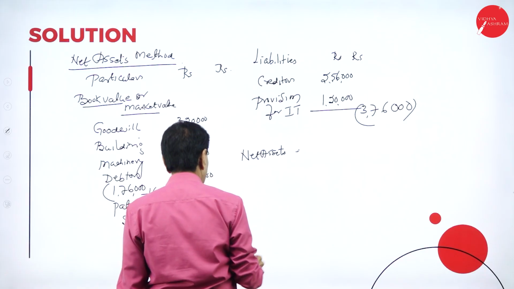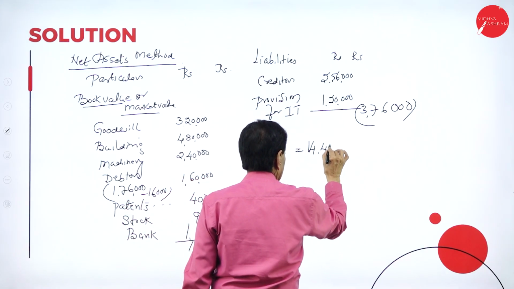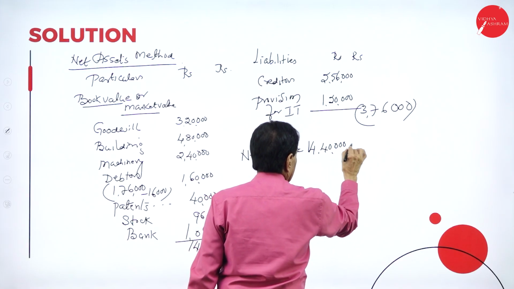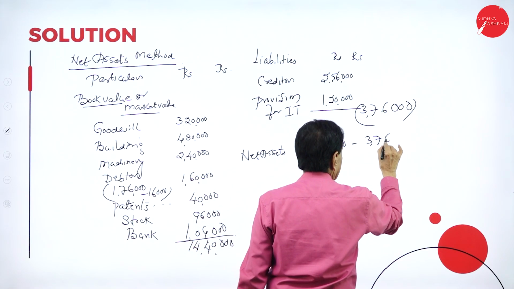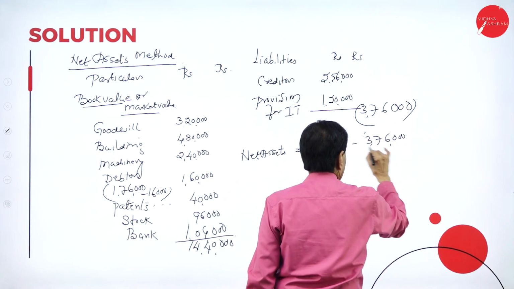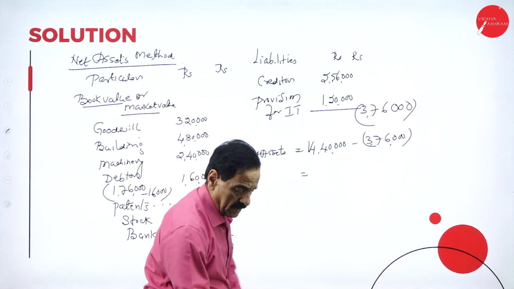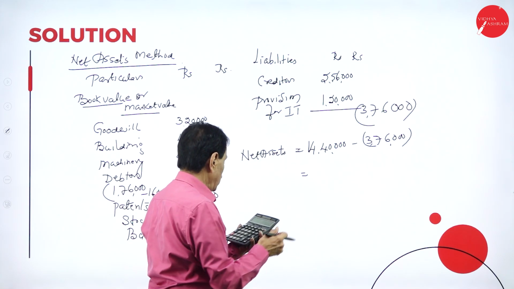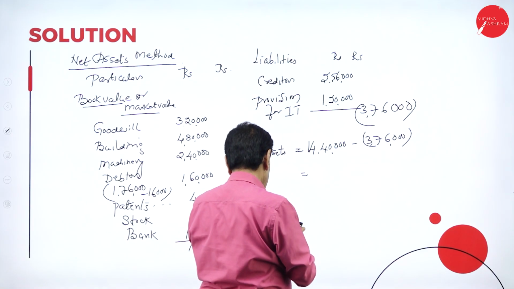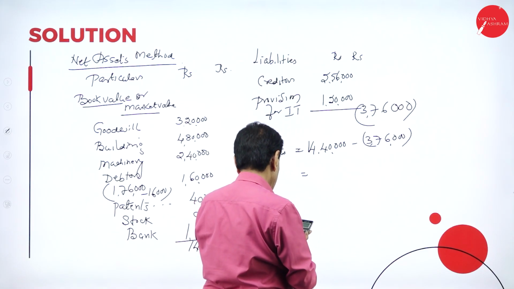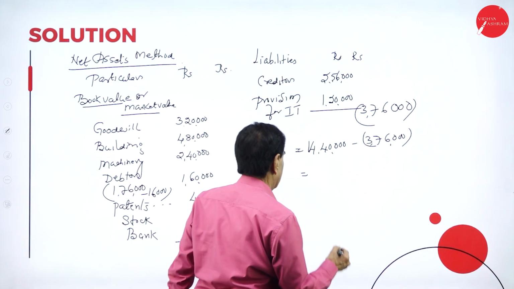So net assets is equal to 14,40,000 minus 3,76,000, which is 10,64,000.